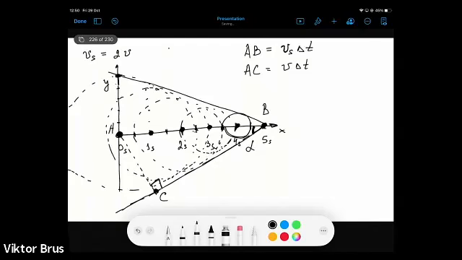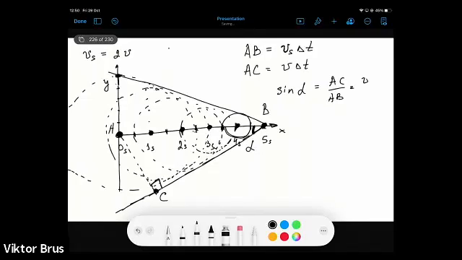So now, since we know these sides of the right triangle, we can write that sine alpha, this angle at the top of the triangle next to point B, will be equal to AC divided by AB.